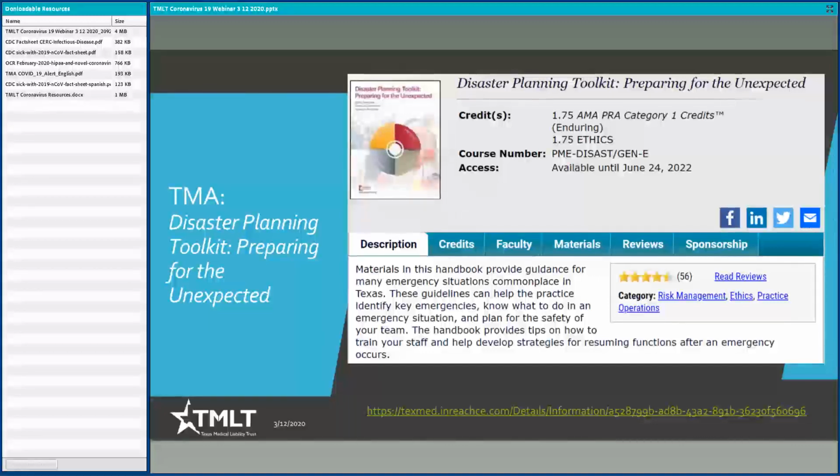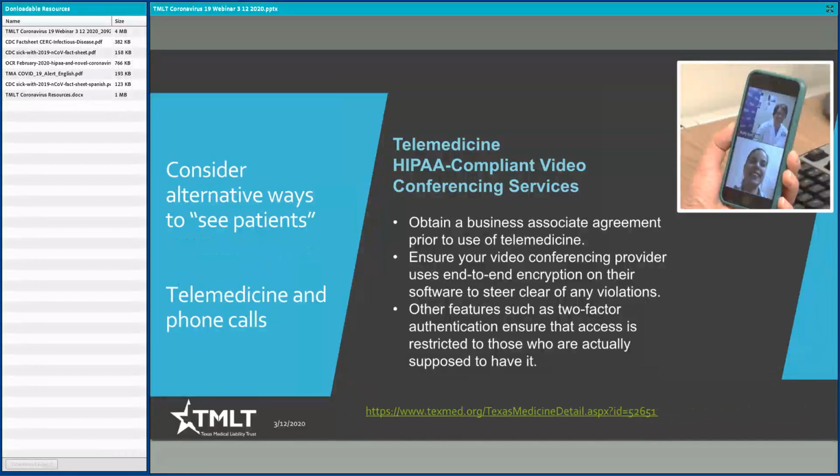And literally, this is a practice's recounting of what happened when the patients showed up in their office. Another TMA document that might be helpful for your practice is the Disaster Planning Toolkit, Preparing for the Unexpected.